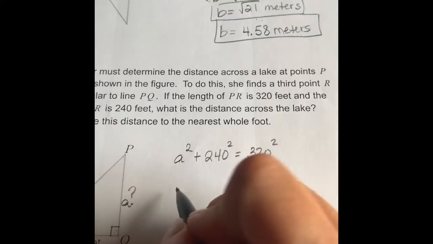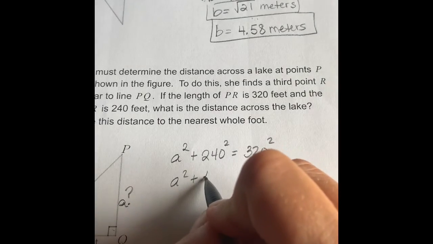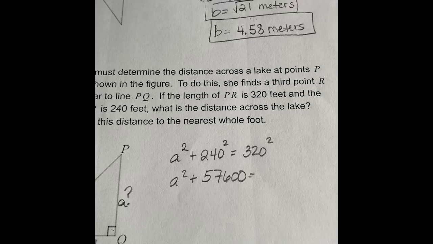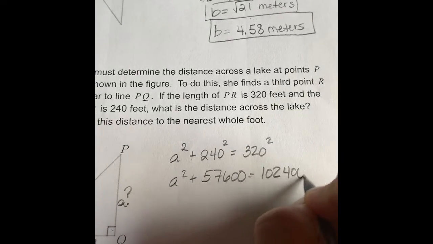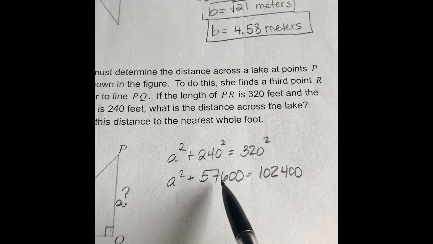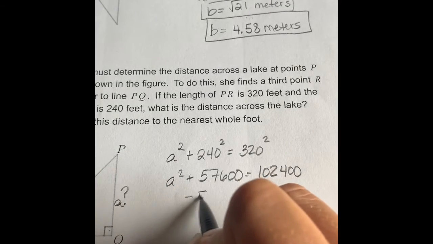So let's see, we've got A squared plus 240 squared is 57,600, and 320 squared is 102,400. Obviously, we need to move this 57,600 to the other side to get A squared by itself, so I'm going to subtract it.